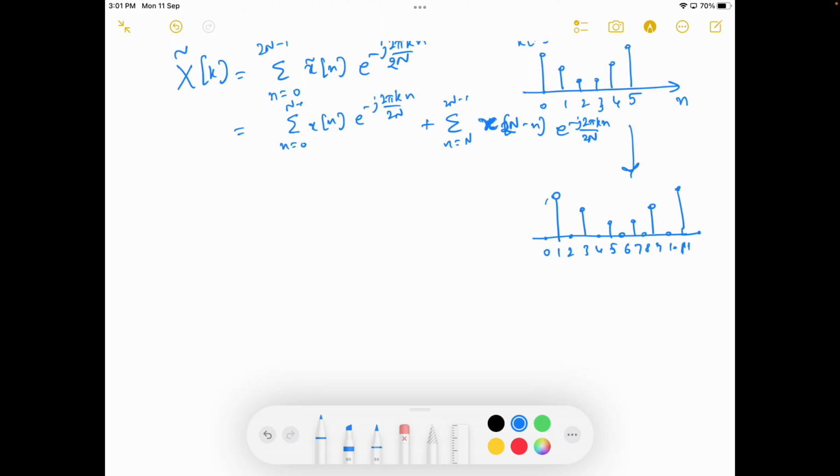So what is the length of the signal? 4N. And there are blanks in between.